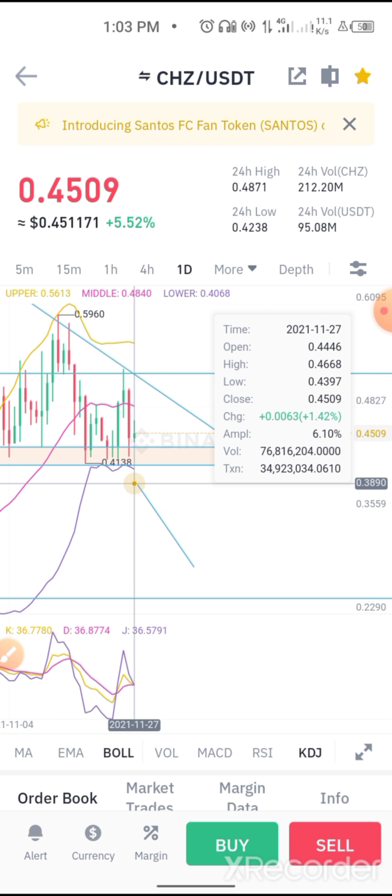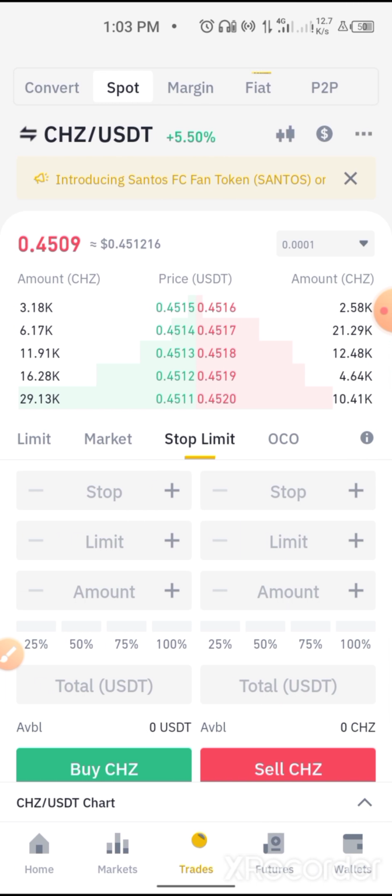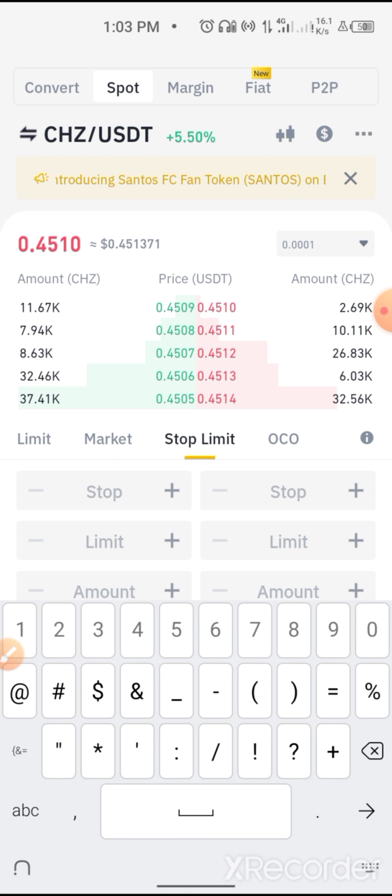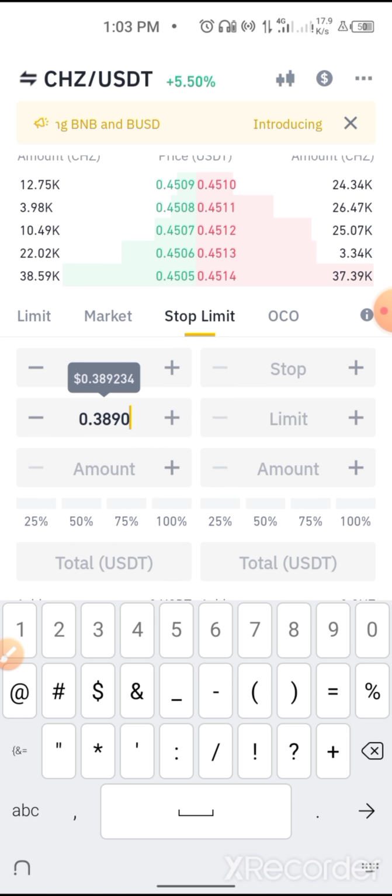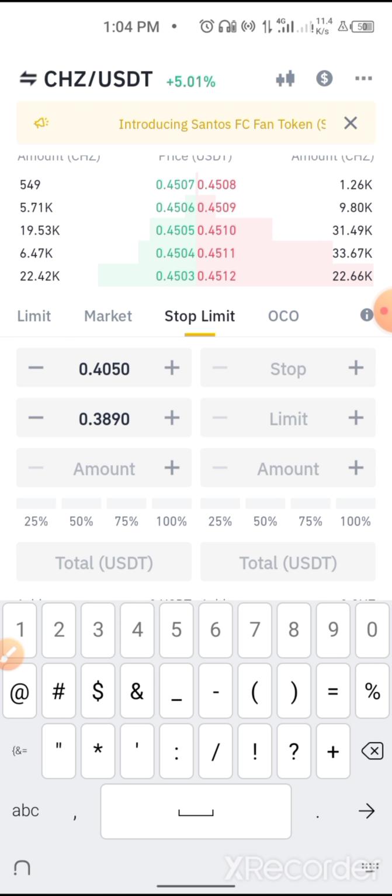This one is 0.3890. So we go to buy. As we go to buy, our stop is what? 0.4050. Our limit order is 0.3890.